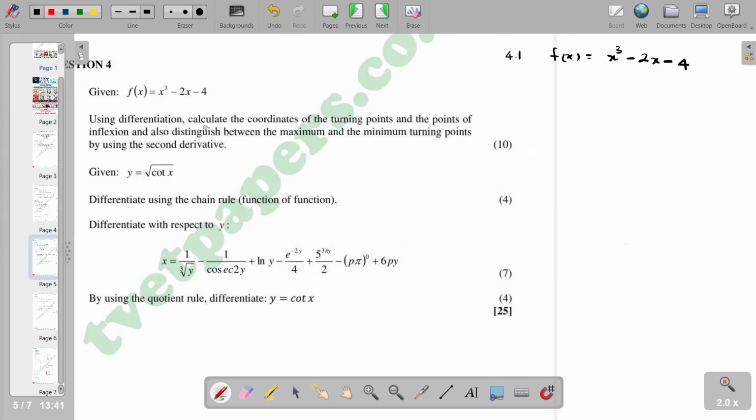So first step, let's calculate the coordinates of the turning point. To calculate the coordinates of the turning point, step 1, we have to get the first derivative, and always know that, don't forget the correct notation. So we bring down the power. So it's going to be 3x. Then on the power, we subtract 1.